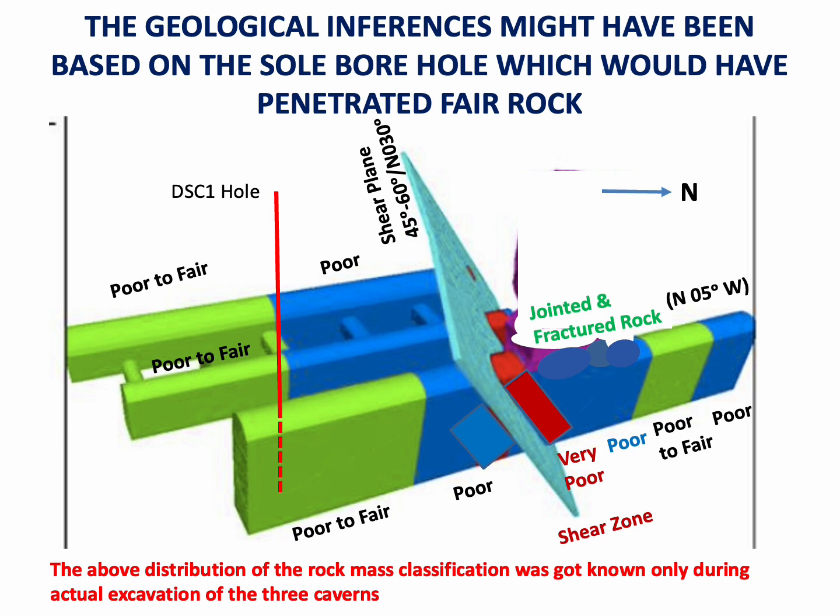So the very poor to fair and poor classification of rock mass which actually existed remained unrepresented in the studies in 2010. These are areas of interest to us: jointed and fractured rock and very poor rocks which follow the reaches just after the shear zone.